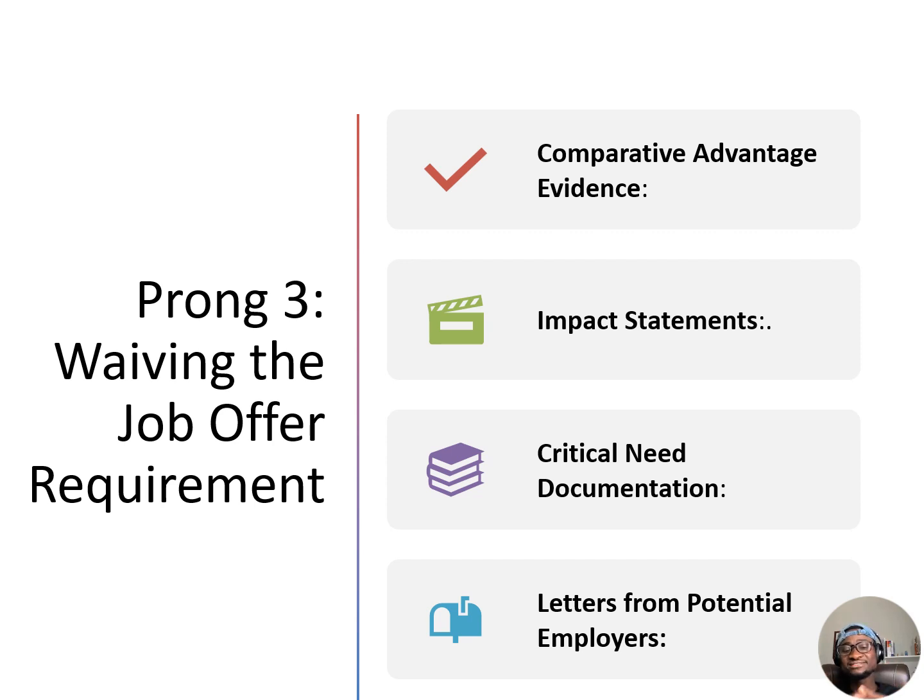And last but not least is letters from your employers. It is a testament that your unique skill set has been sought after. Basically, you have been employed because you have a certain unique skill set. So all of these put together with other documentation that we've spoken about, once you have all of these, this should be enough for you to get your NIW approved without RFE.